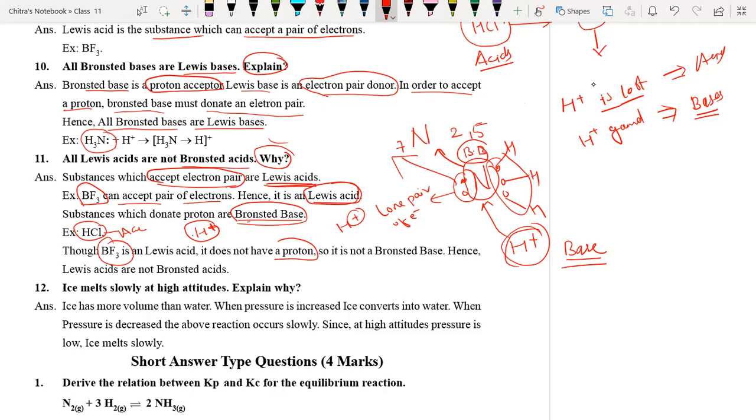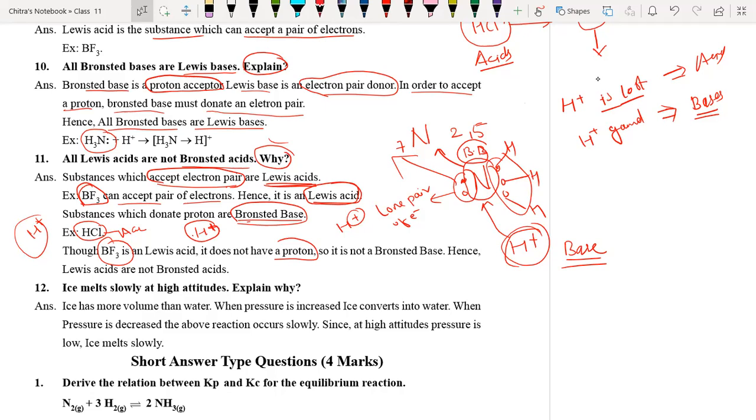No. So we can't say that BF3 is a Bronsted acid, because it does not have any H positive ion or proton to donate.